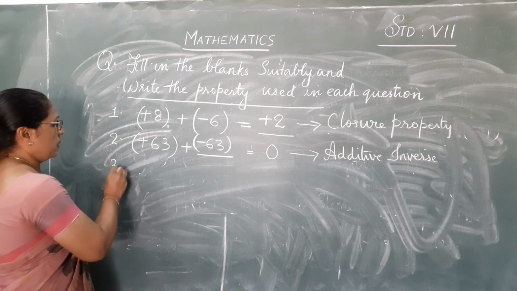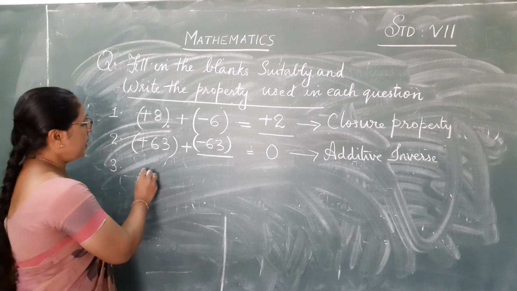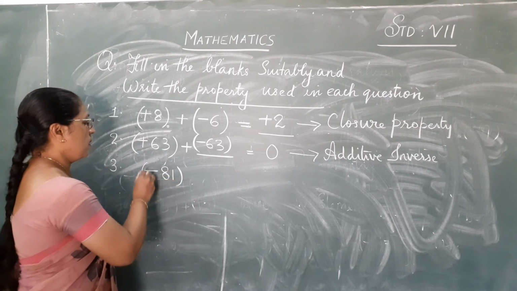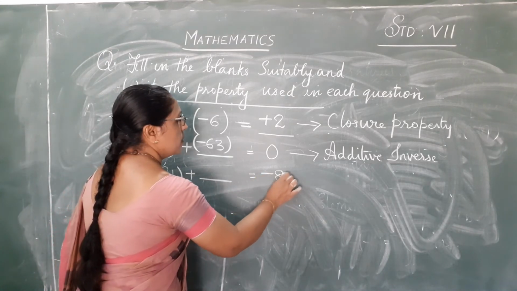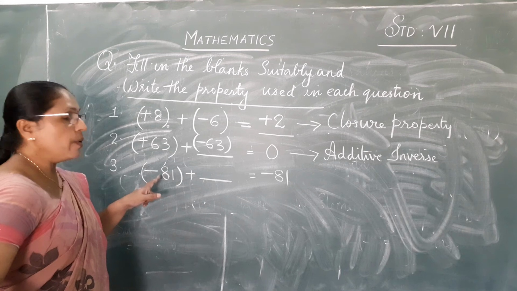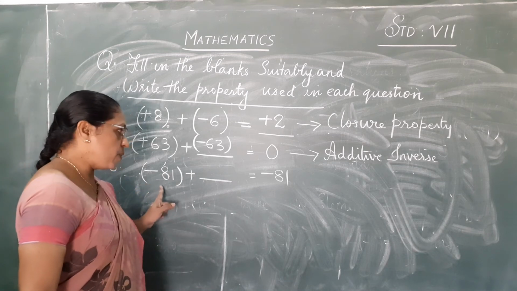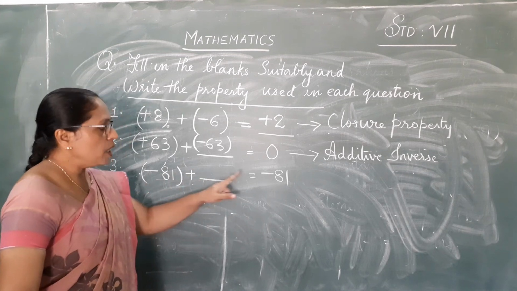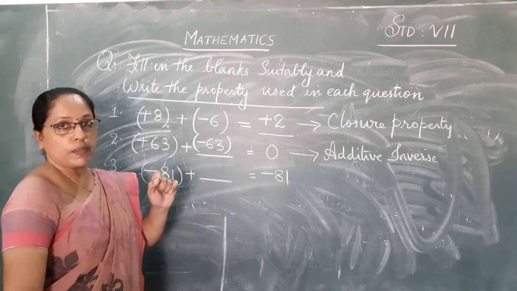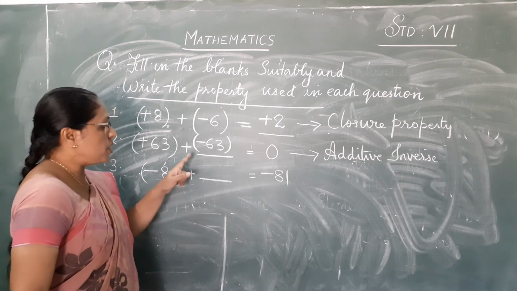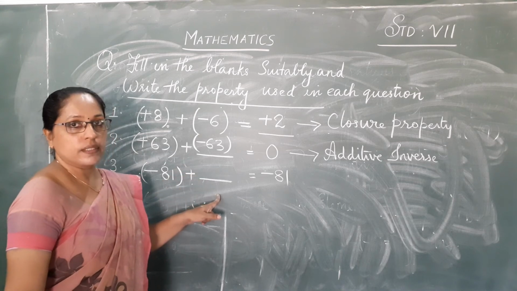Now next one, third one. Negative 81 plus dash equal to negative 81. So when you add an integer negative 81 with some another number, you should get the same number. How is it possible? You have to add negative 81 with which integer?